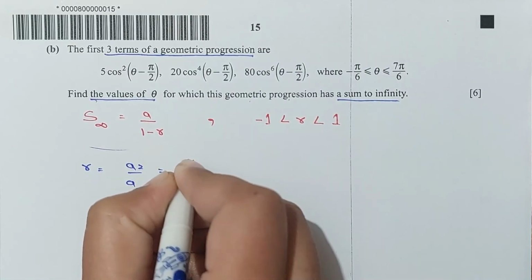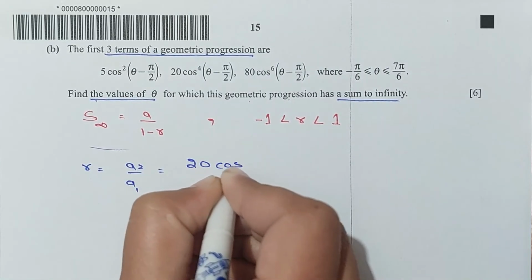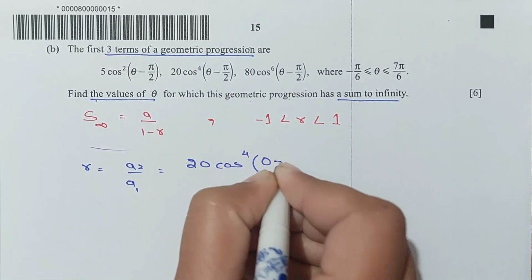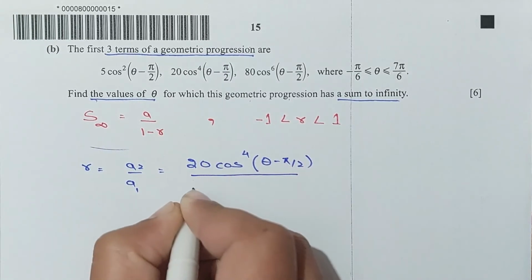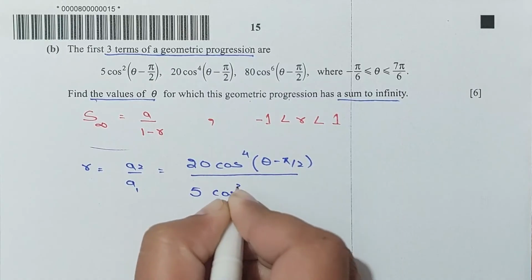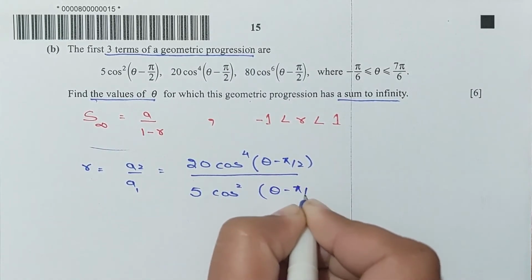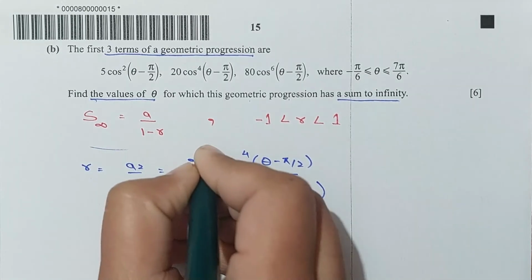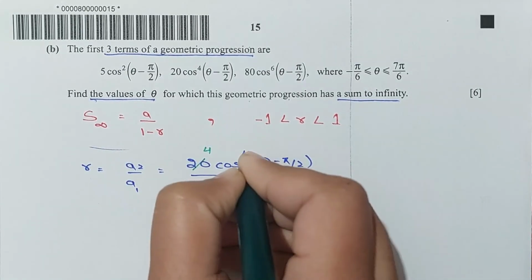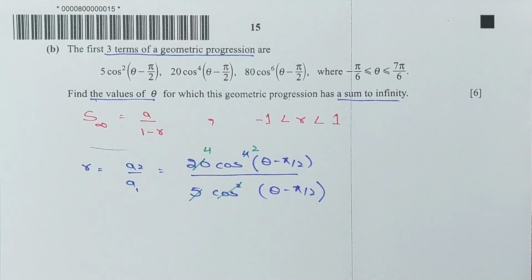So what is the second term? Second term is 20 cos to the power 4 of theta minus pi by 2, divided by the first term, 5 cos squared of theta minus pi by 2. So 5 times 4 is 20 and the square is cancelled, just one square is left.